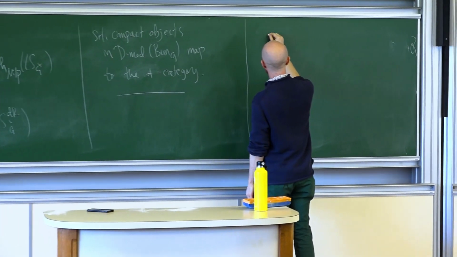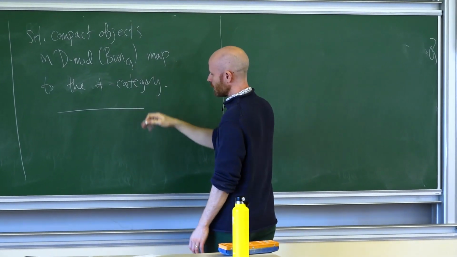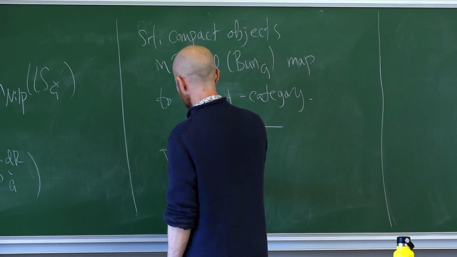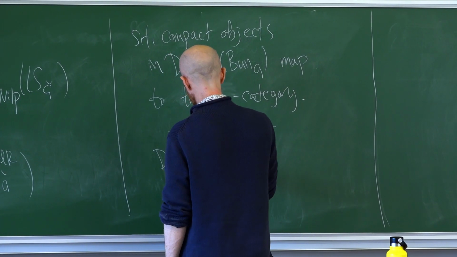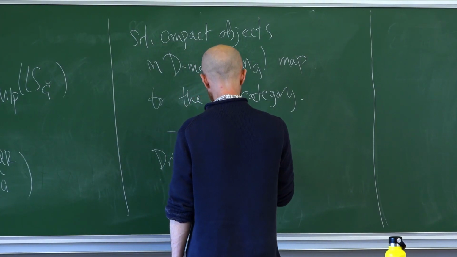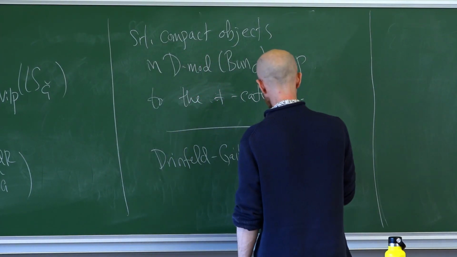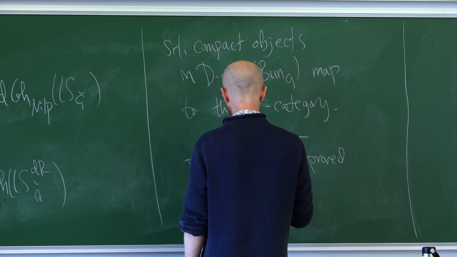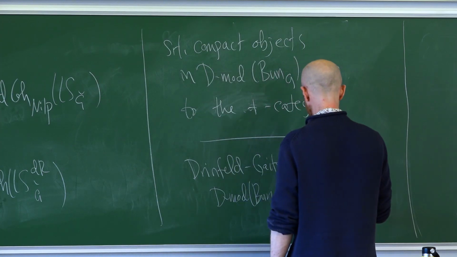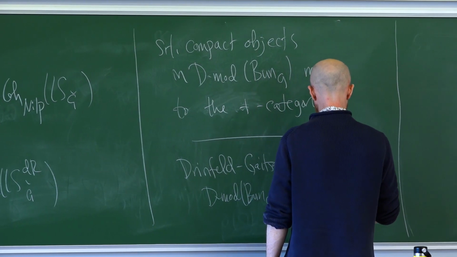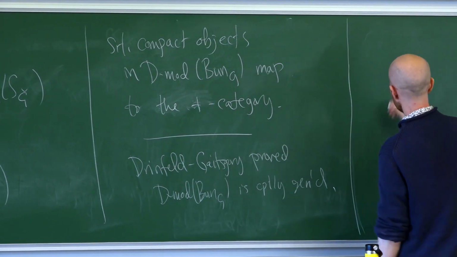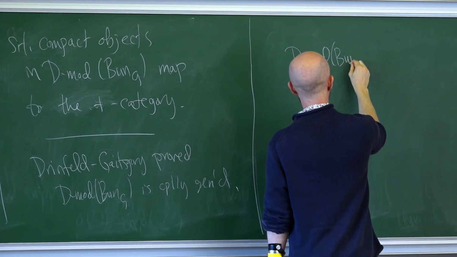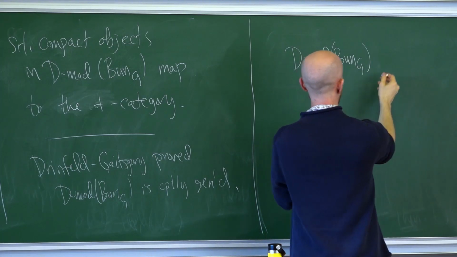So let me give a little bit more discussion. Let me say first that Drinfeld and Gaitsgory proved that D-modules on Bun-G is compactly generated, which is a more serious theorem than it maybe sounds like. And so now what I'm saying is the following.